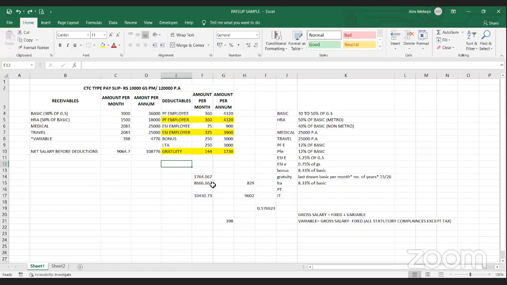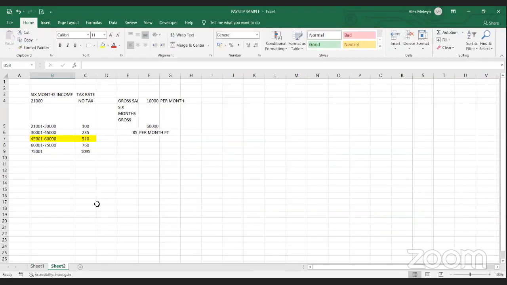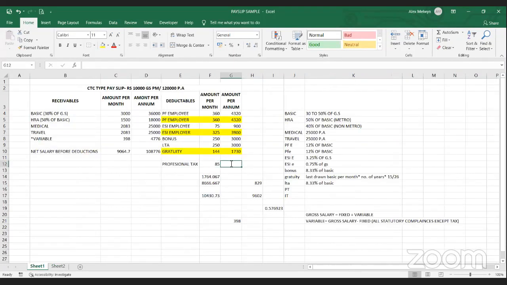So the last step is professional tax. I think we have already seen this amount. The per month will be 85 rupees, but per annum it is 510, which is 1020. So here you just need to less 85 rupees.